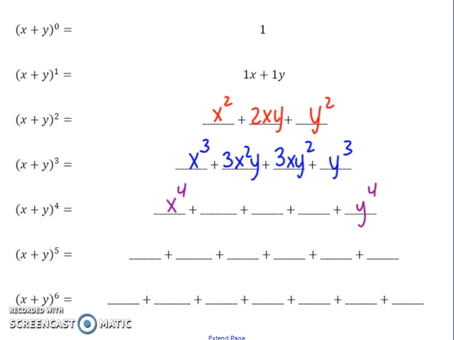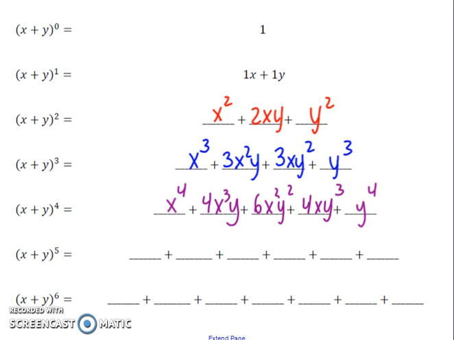You have x and y in the end, you have x squared, y squared, x cubed, y cubed, so x to the fourth, y to the fourth. Now the inside is where it gets a little tricky. Okay, so I'm going to fill this in for you. So on the inside, we're going to have a 4x cubed y, a 6x squared y squared, and a 4xy cubed.